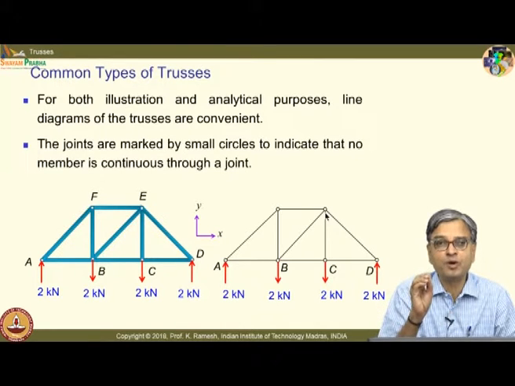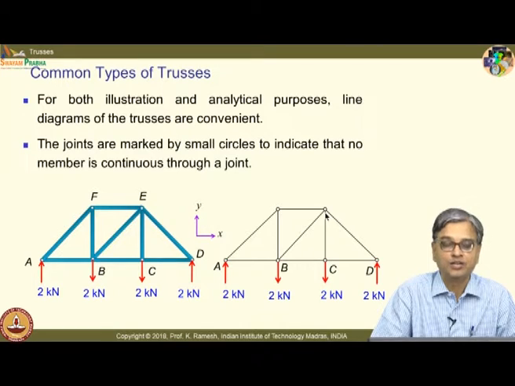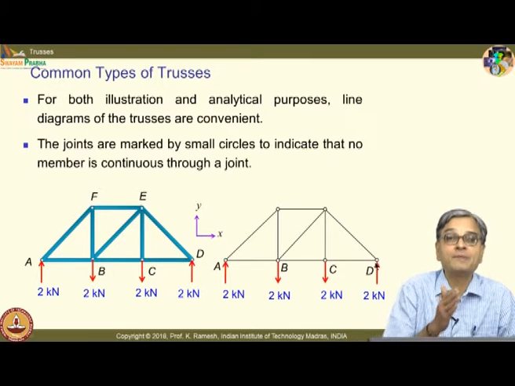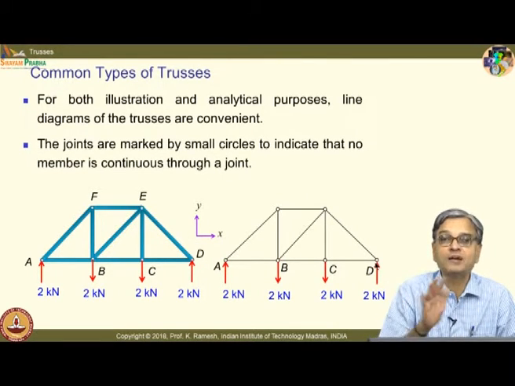It is a very important constructional aspect of the truss, which you can overlook if you do not put these circles. For the horizontal member at the bottom particularly, you may imagine that it is a continuous member. It is not built that way.